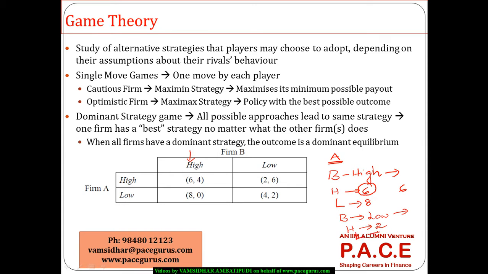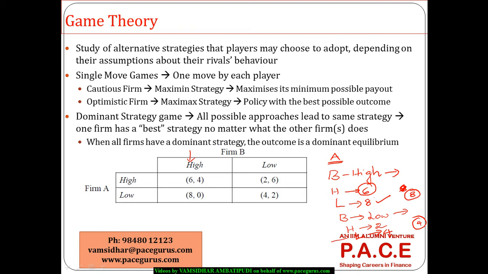Whereas if A sets a low, the payoff is going to be 4. So again, if I'm looking at what is the maximum payoff here, the maximum payoff is 8. Here the maximum payoff is 4.